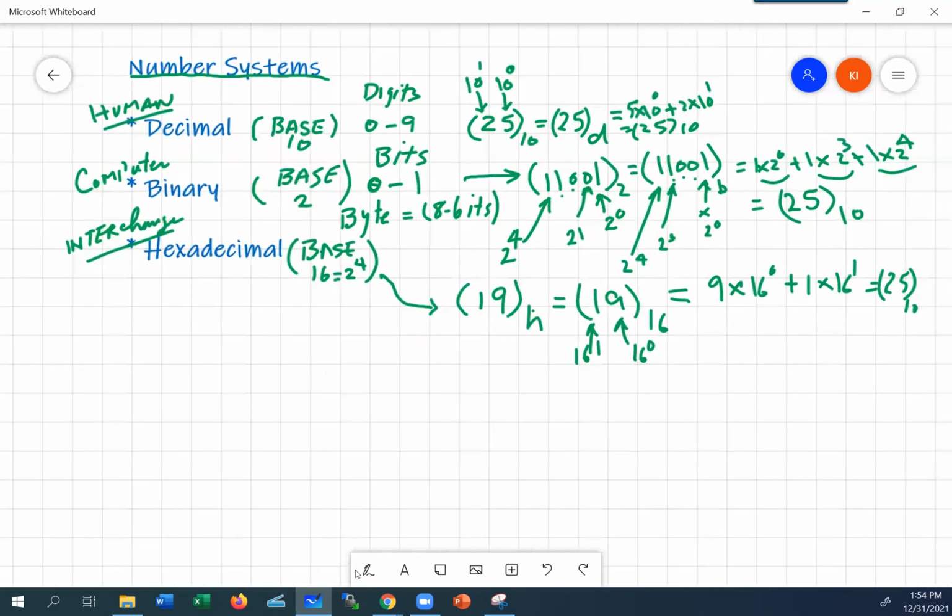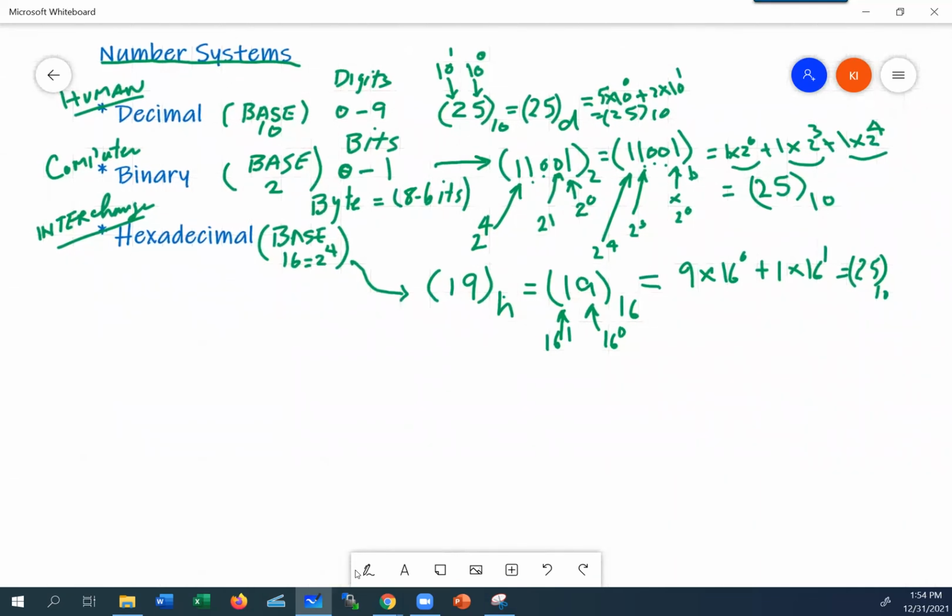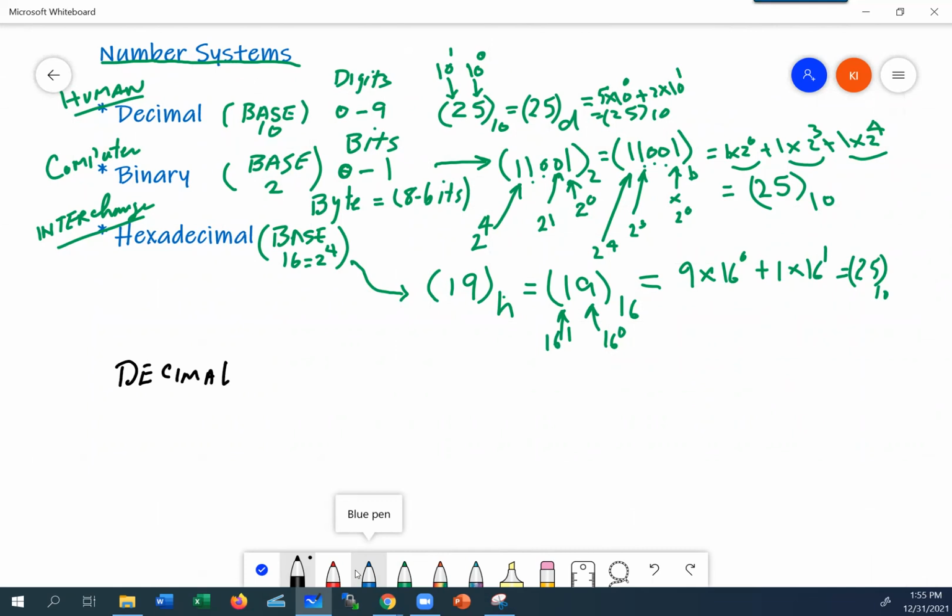So the next thing is, what if somebody gives me a decimal value and says, okay, convert it to a binary value? There are 2 options available. They're equally good. It's up to you.